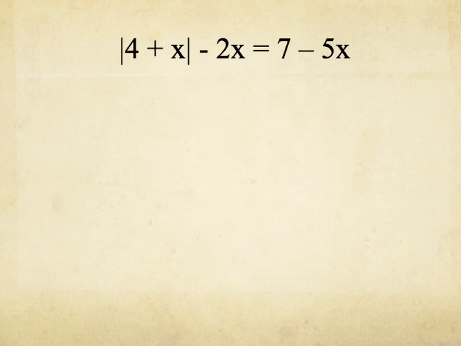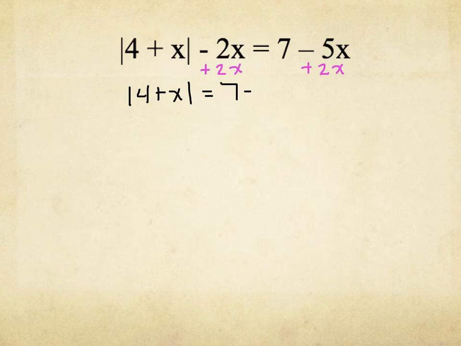So same process, just we have x's on both sides, which means that we first need to add 2x to both sides so that we can get everything on one side and the absolute value on the other side. So we have the absolute value of 4 plus x equals 7 minus 3x.